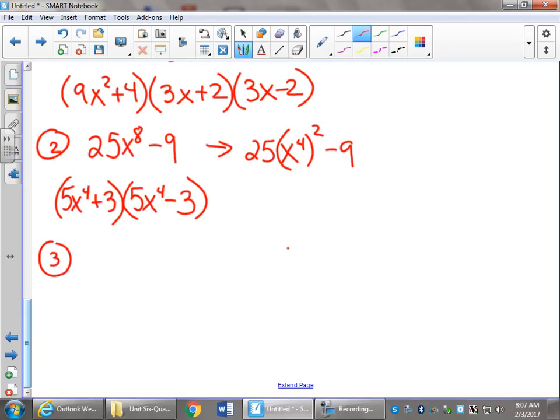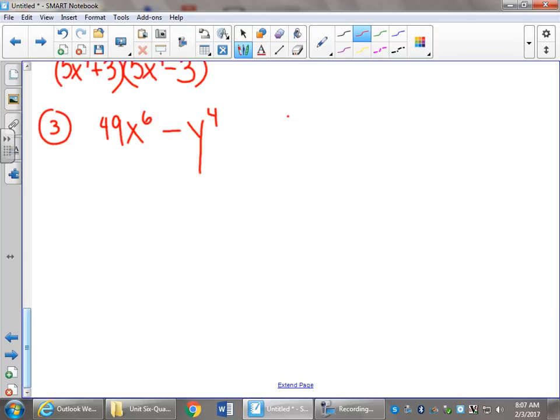And last example, I'm going to give you guys 49x to the 6th minus y to the 4th. Let's go ahead and pause and check your work. I could rewrite this as 7x cubed, to the 2nd power, since 3 times 2 is 6, minus y squared to the 2nd power.